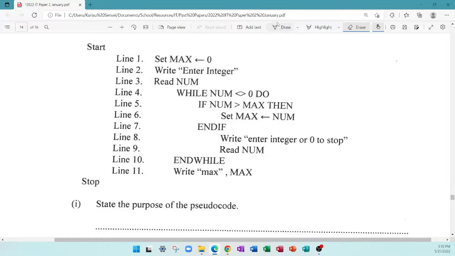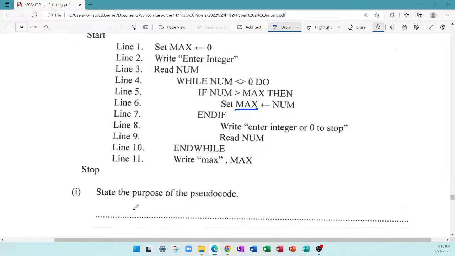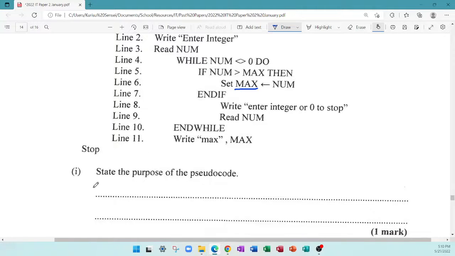So the first part of what you said is correct. It's looking for the maximum number, but we want a full description. What's the purpose of the pseudocode? The purpose of the pseudocode is to test the maximum number, or you can say the number with the highest value.